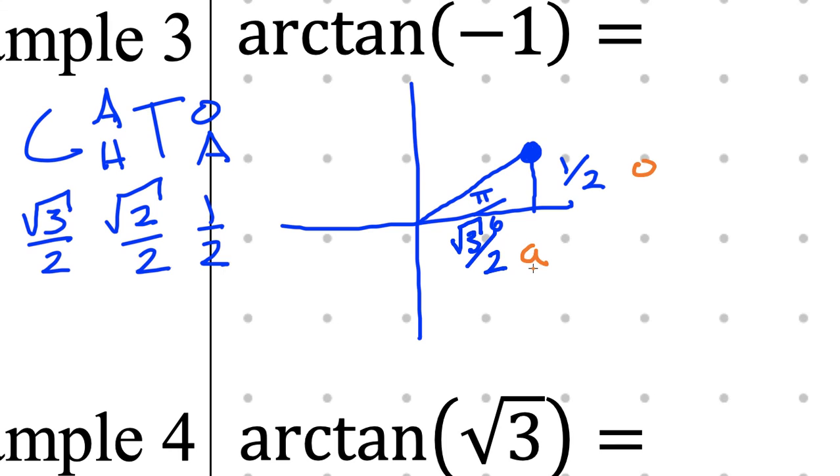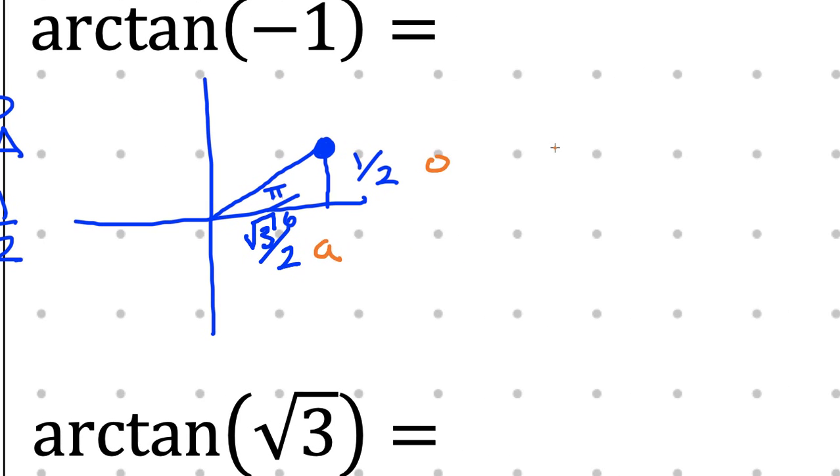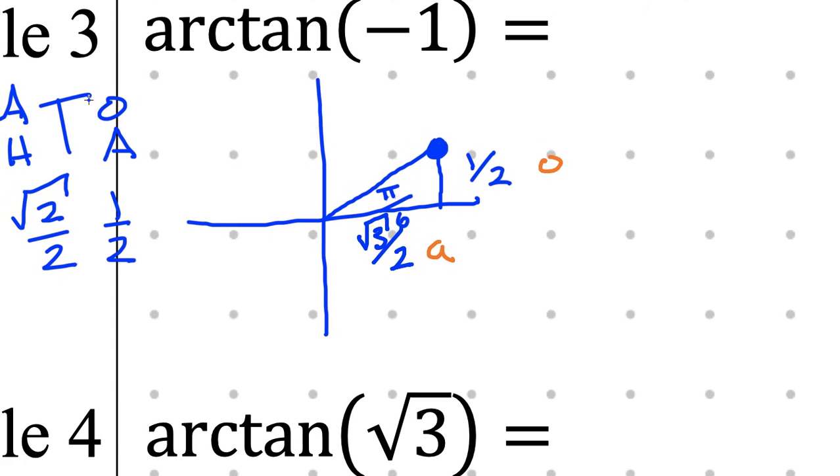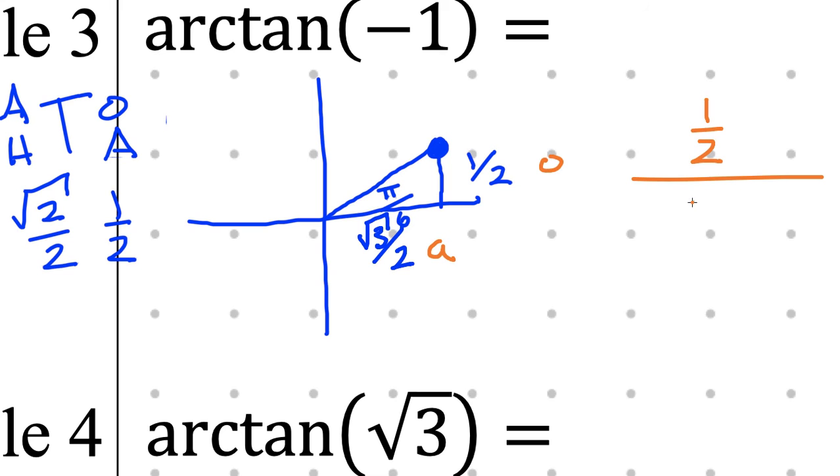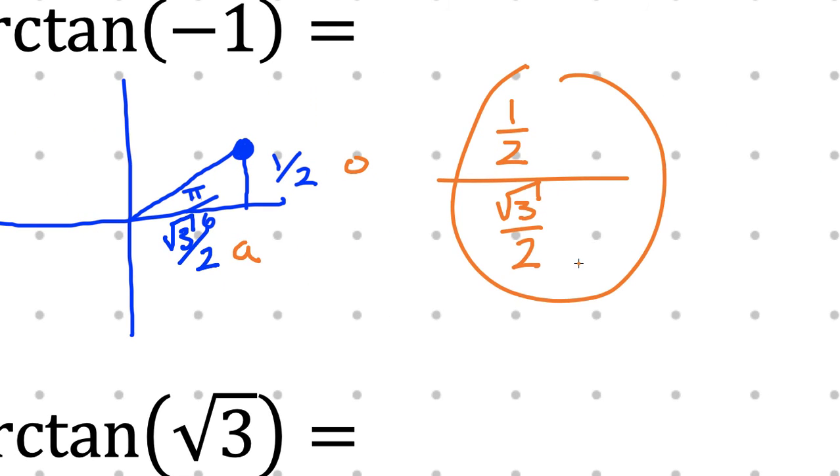Which means, if I'm dividing, like in tangent, opposite divided by adjacent, opposite 1/2 divided by adjacent square root of 3 over 2, let's check what fraction that is. If it's equal to 1, or if this is equal to -1, we have our angle. The angle is pi over 6 radians.